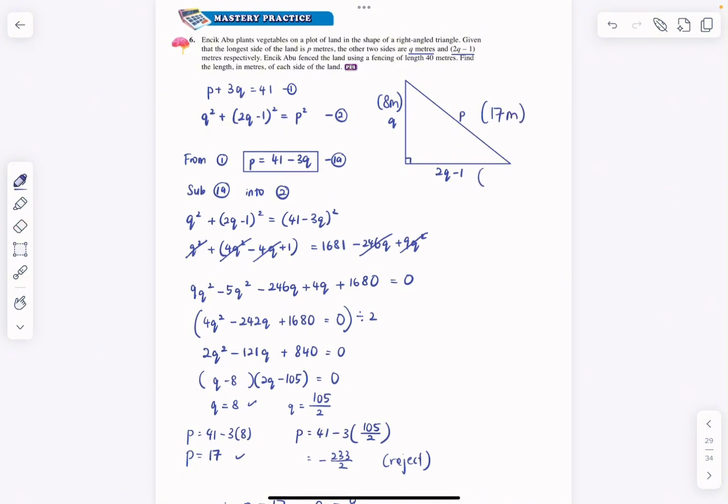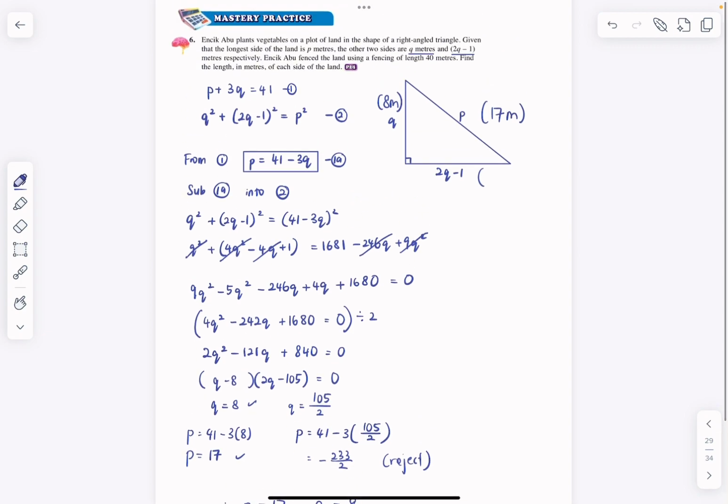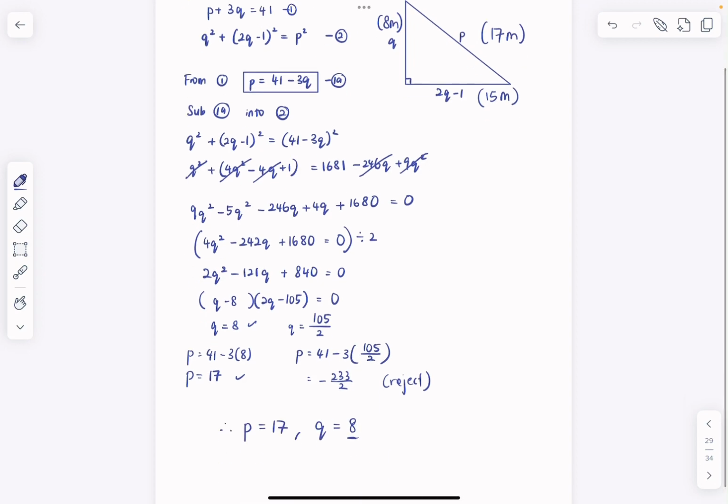This side will be 2q minus 1. So 2 times 8 is 16. 16 minus 1 is 15. So our final answer, you can say 8 meters, 15 meters, and 17 meters. Okay, done.